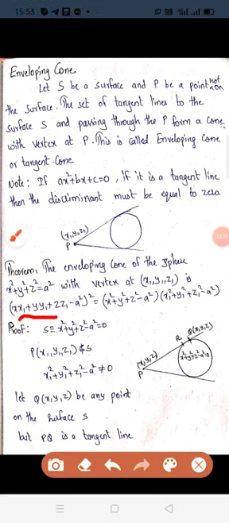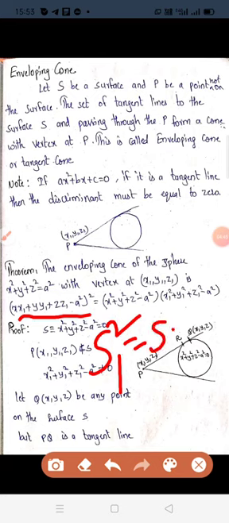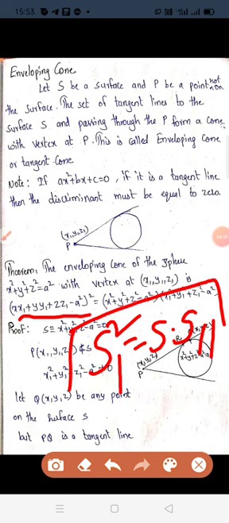Therefore, the enveloping cone formula for any sphere is S1 square equal to S into S11.